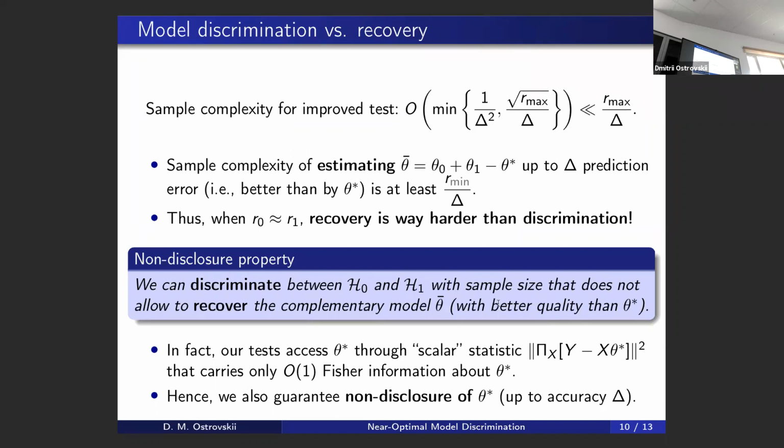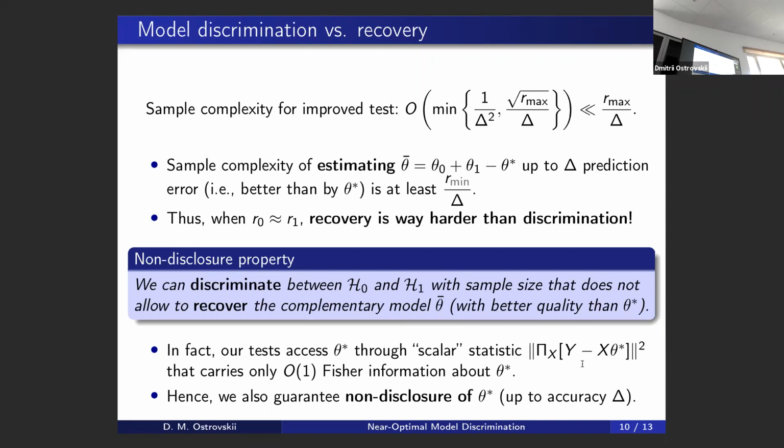We'll go to the applications in the end. But this is what I call a non-disclosure property. We can discriminate between the two hypotheses without recovering, for example, the complementary model, in the case where we have direct access to theta star.